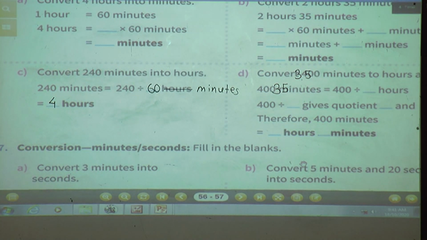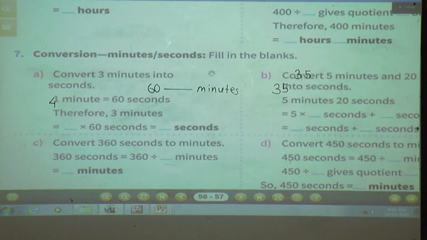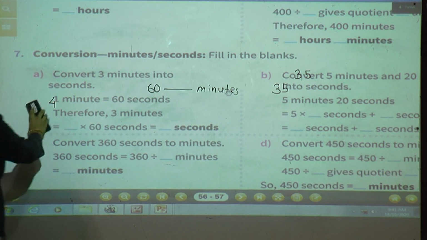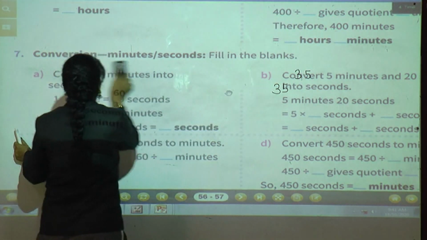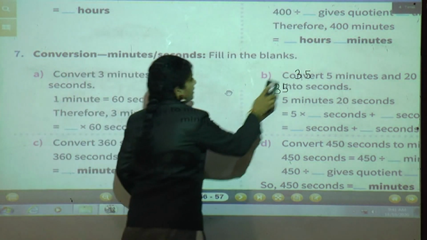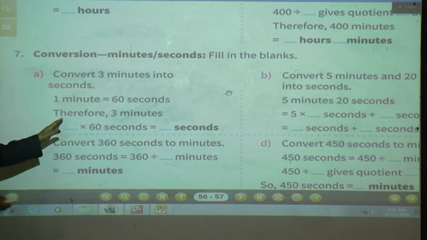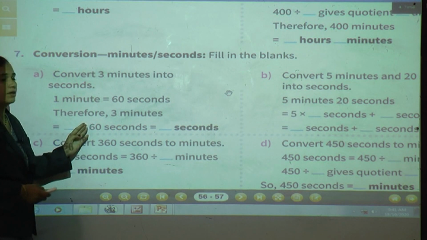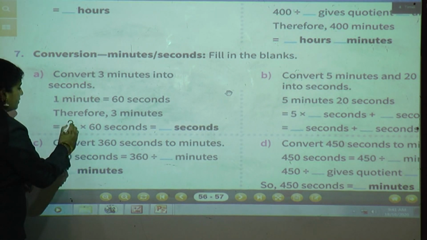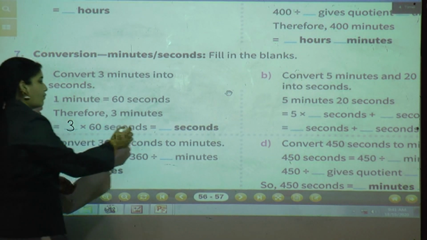Now we'll see the 7th one, conversion of minutes and seconds. Fill in the blanks. Here convert 3 minutes into seconds. All of you know that 1 minute is equal to 60 seconds. Yes? Okay. So therefore for 3 minutes just multiply 3 by 60. Now tell me the multiplication. 60 multiplied by 3, 180.